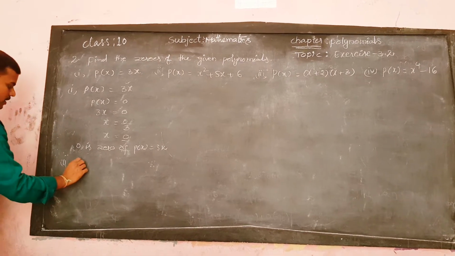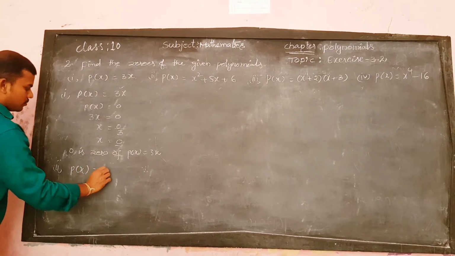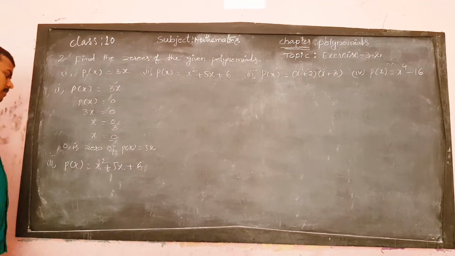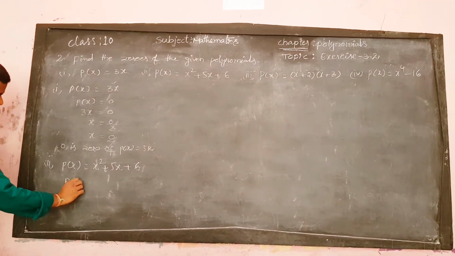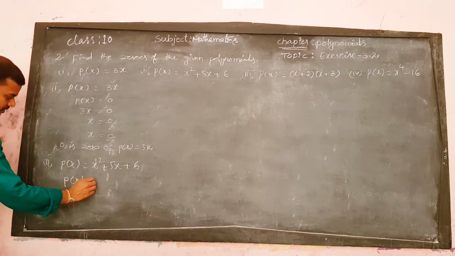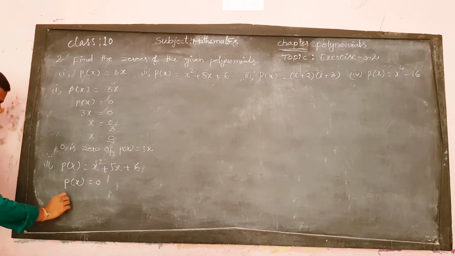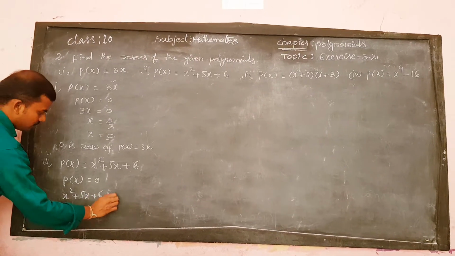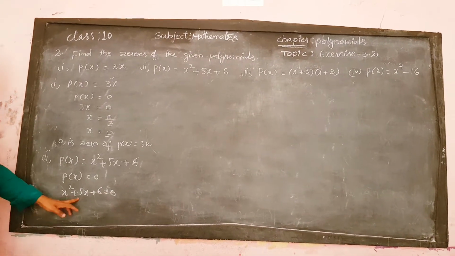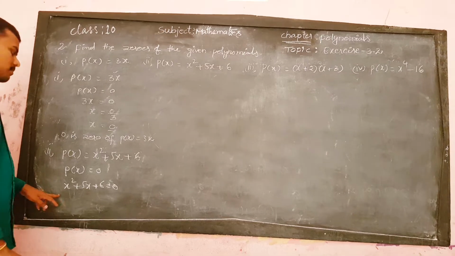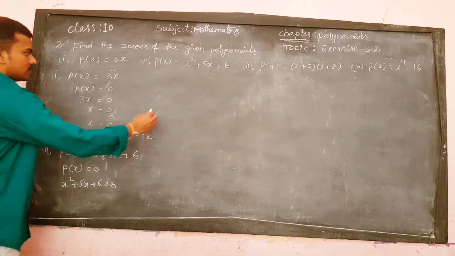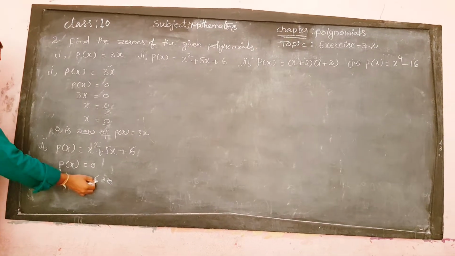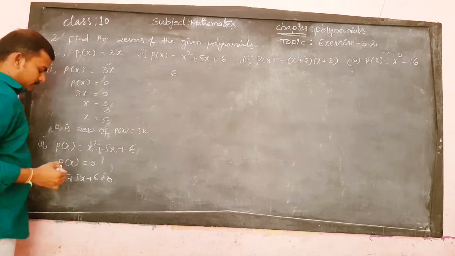And second question, p of x equals x square plus 5x plus 6. The zero of the polynomial is where p of x equals 0, so x square plus 5x plus 6 equals 0. This is a quadratic polynomial, so we can find its factors. The x square coefficient is 1, and 1 into 6 is 6.